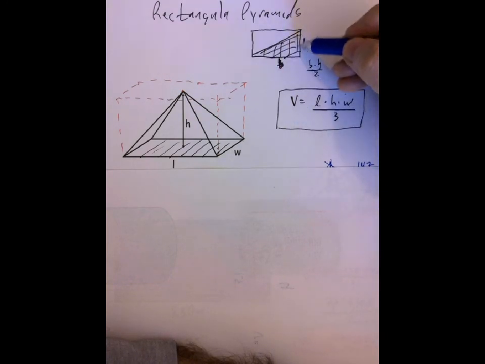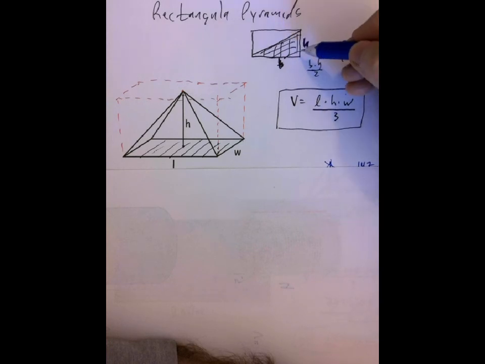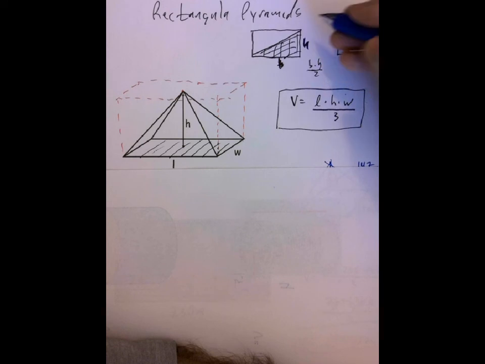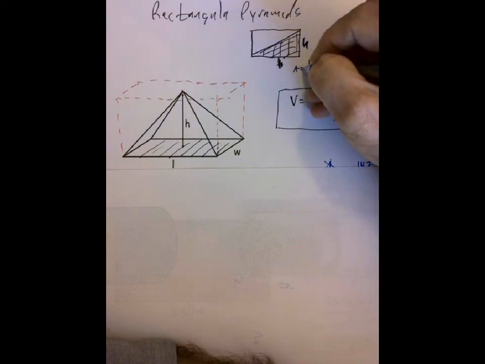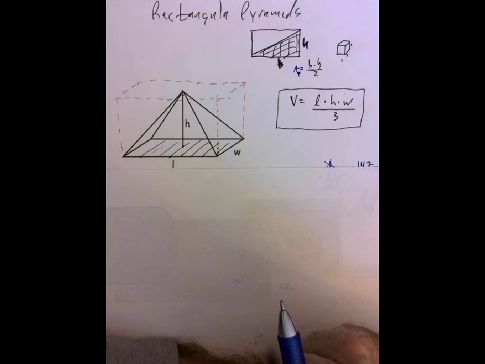And this triangle here had an area that was 1/2 of the corresponding area of the rectangle. So we multiply base times height to get the rectangle, then we divide by 2. That's where our area formula for a triangle came from: base times height divided by 2. Same kind of thing, as it turns out, although I can't prove it to you here, is true about pyramids as well.